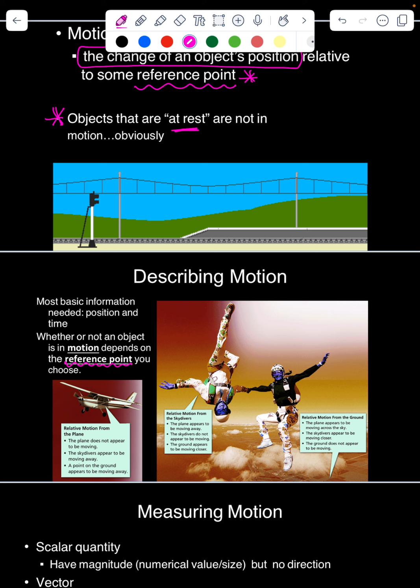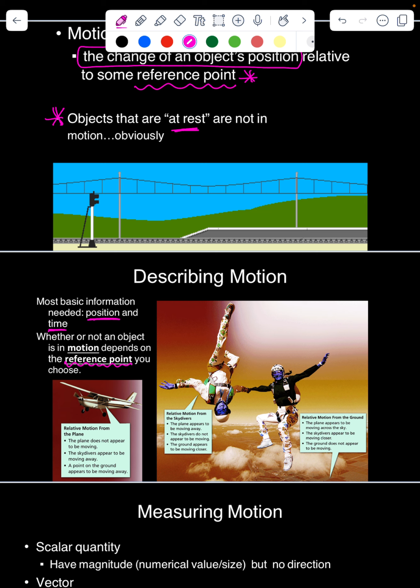The most basic information that we need is the object's position and its time. We have been dealing with this for the entire last week with our motion graphs. We have been looking at how our people have changed their positions over time.